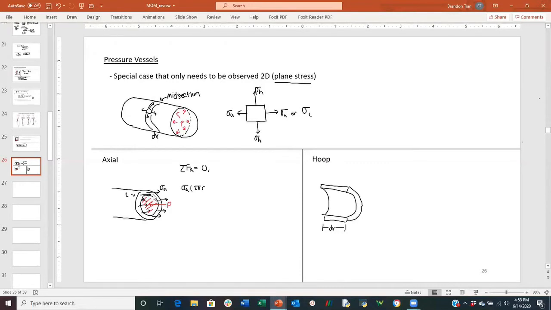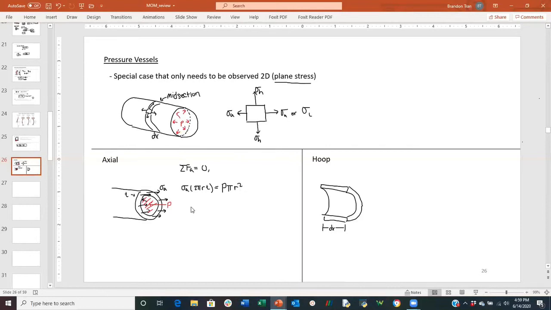They would either choose the center to midsection of the walls, or an appropriate radius that reflects the difference between those two quantities. That is multiplied by t, the thickness, so that's the area of that wall. And that will equal the effective pressure in the pressure vessel times the area of that effective circle, so pi r squared.